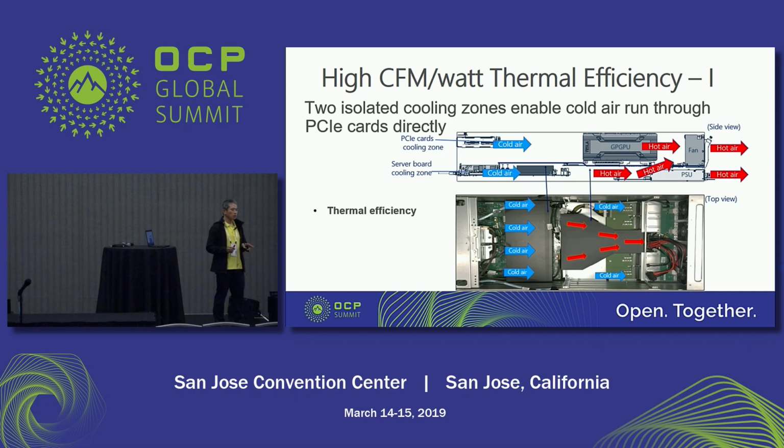The thermal efficiency of this system can reach 0.135 CFM per watt at 30 degrees Celsius ambient temperature, and even 0.117 CFM per watt at 25 degrees C. According to the data we have collected so far, our real test data will exceed most hyperscale data center requirements.